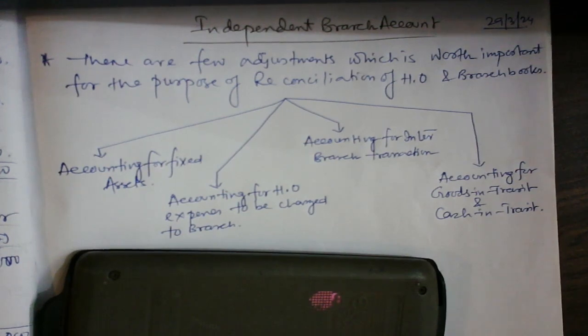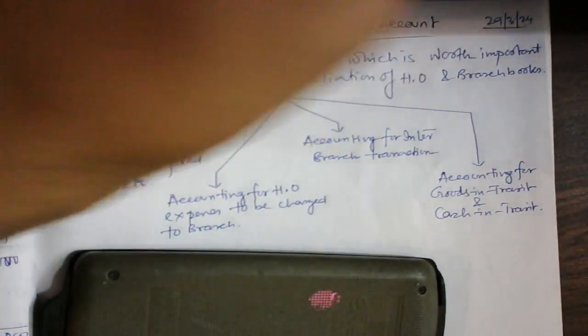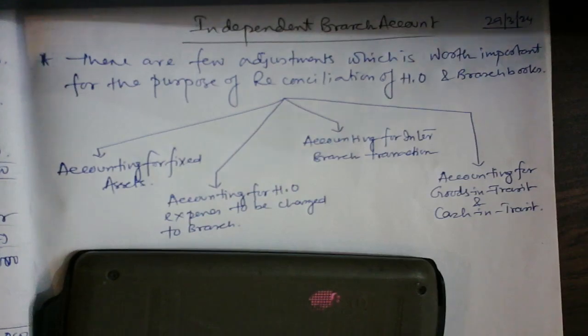Sometimes the recipient branch and the supplying branch may not reconcile the goods sent from one branch to the other, for which there is a deficiency or surplus of goods in one of the books, and so differences happen. Deficiency in maintaining the books properly may cause certain issues, or there are difficulties in accounting for the inter-branch transaction.